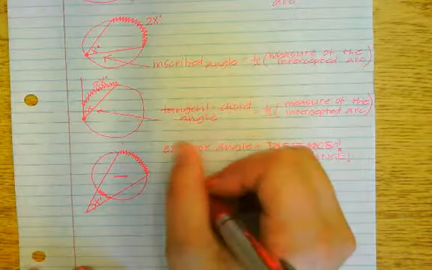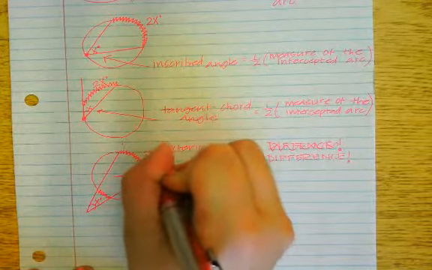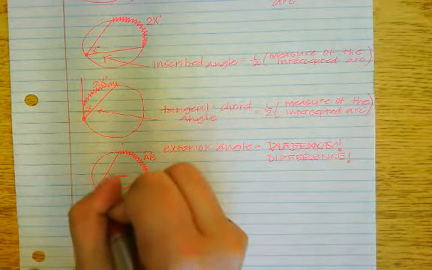So I'm going to label this arc AB and arc CD so that we can write an equation.